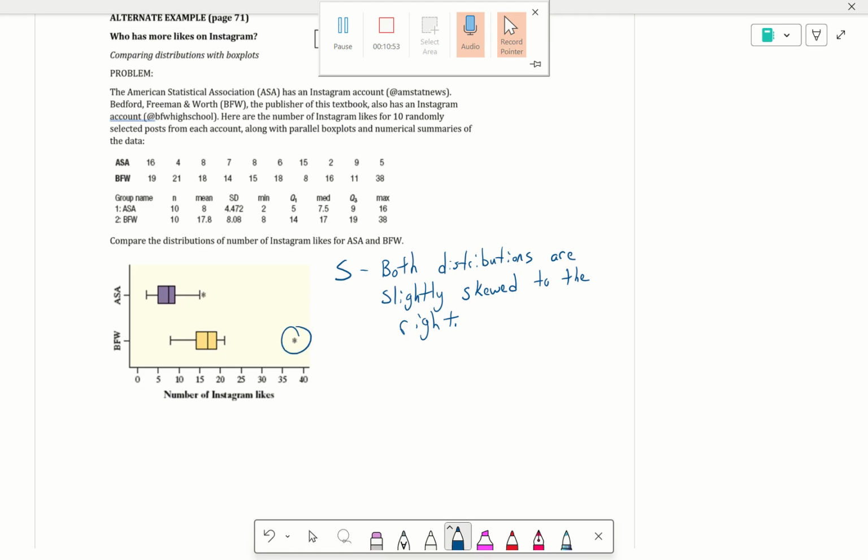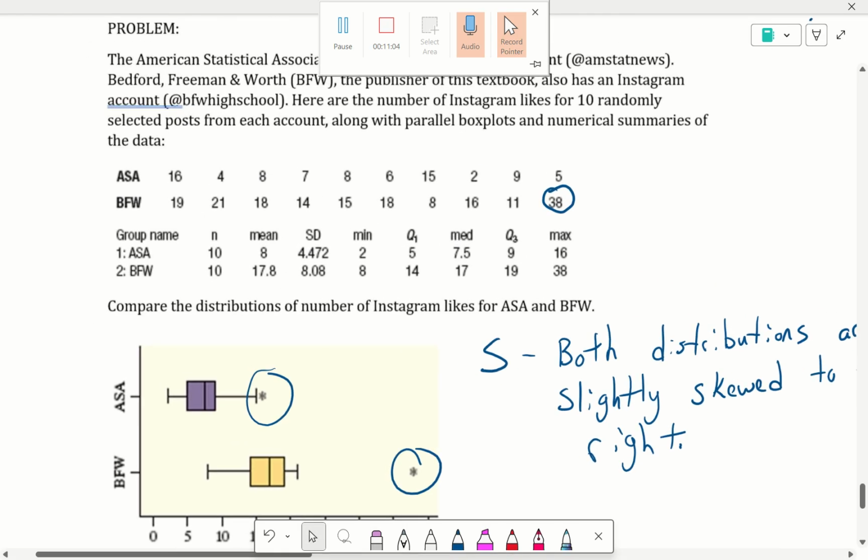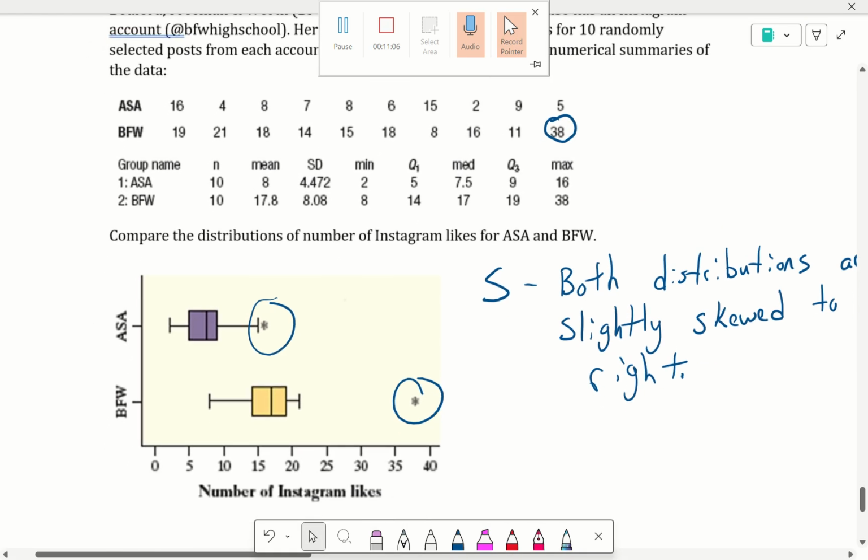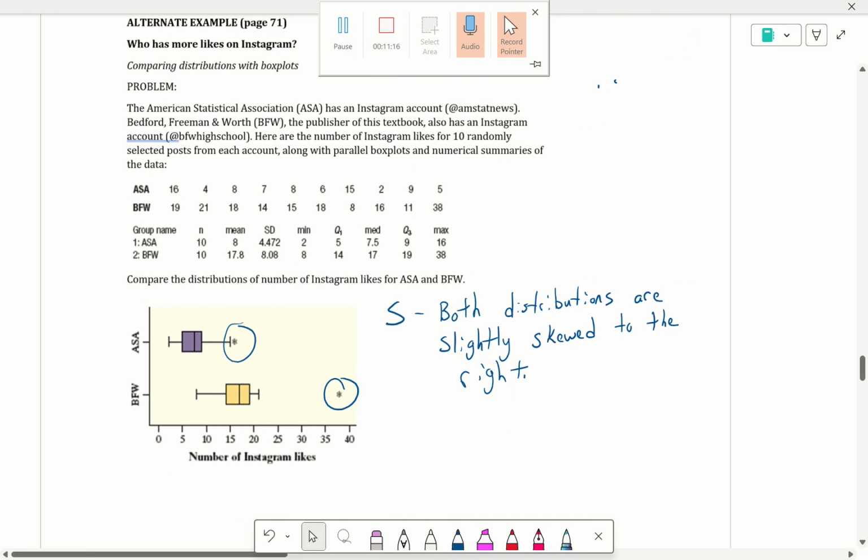So at least one outlier to the right in each. I guess we could see for sure because we've got the actual observations up above. So there's 38 there in the BFW group, and then 16 in the ASA group. So these are both slightly skewed to the right.